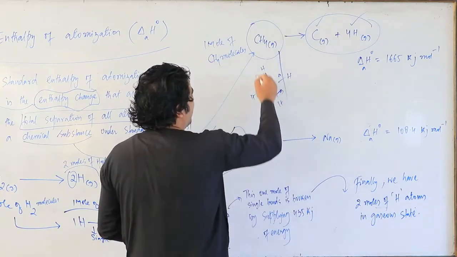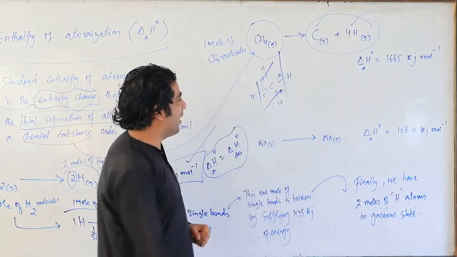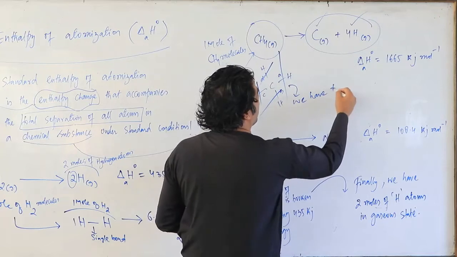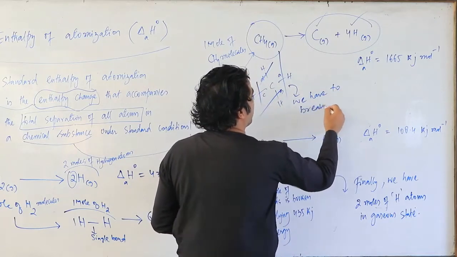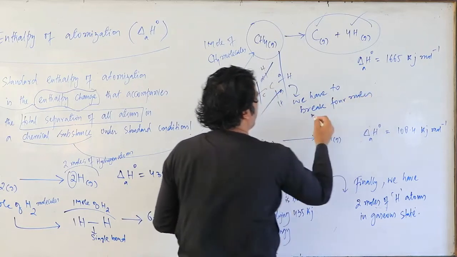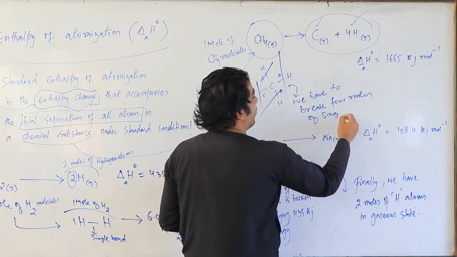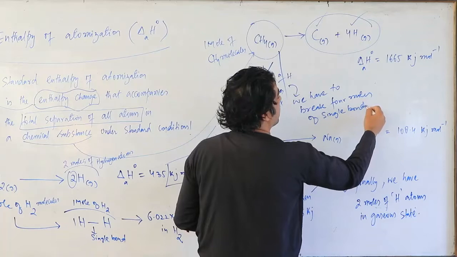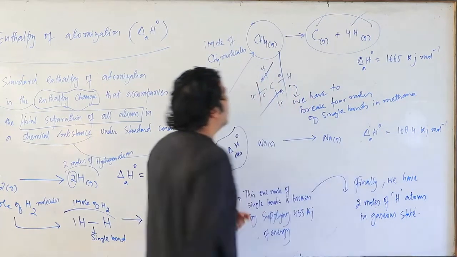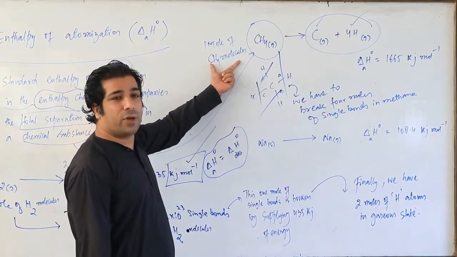This and this. So here, my dear friends, we have to break 4 moles of single bonds in methane. So I have 1 mole of methane molecules.